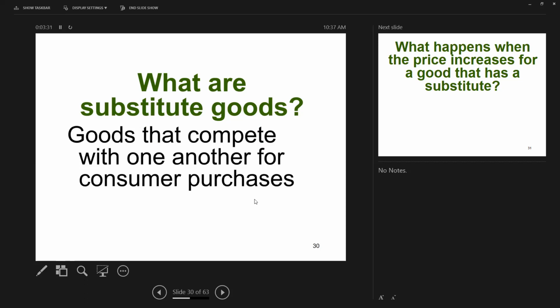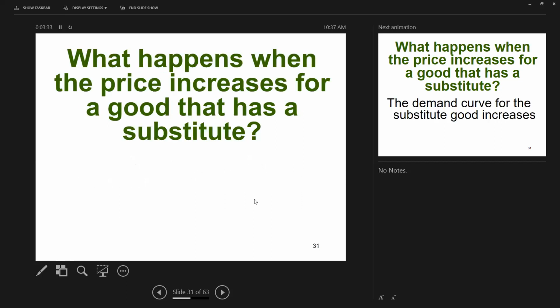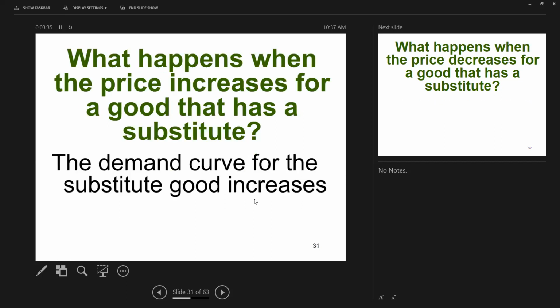For a substitute good, if the price increases for a good that has a substitute, the demand curve for the substitute good increases. So we say that the price of a good and demand for its substitute are directly related.